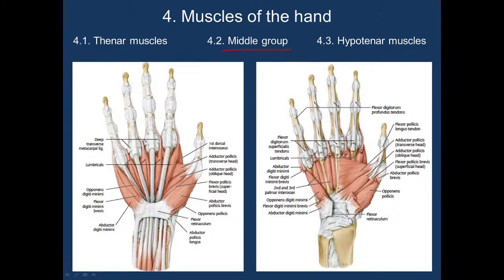We call them palmar interosseous muscles, then dorsal interosseous muscles, as well as these four muscles, the lumbricals.